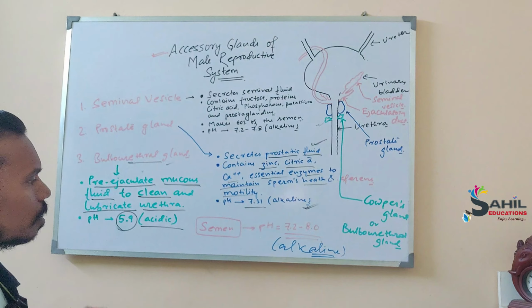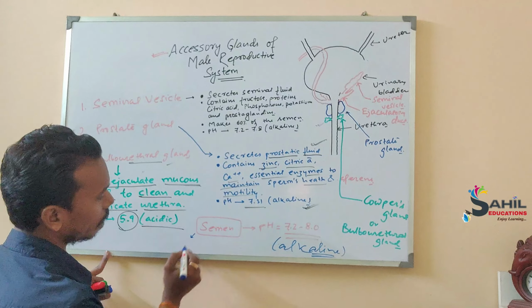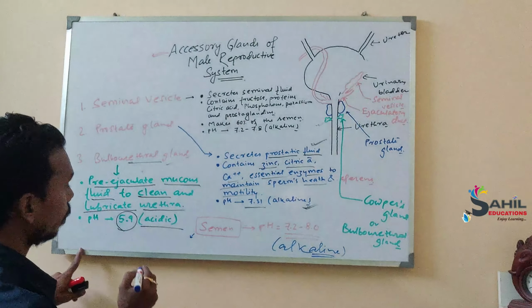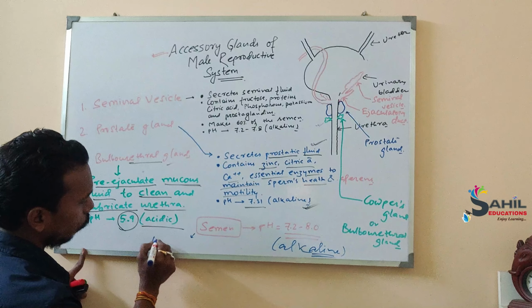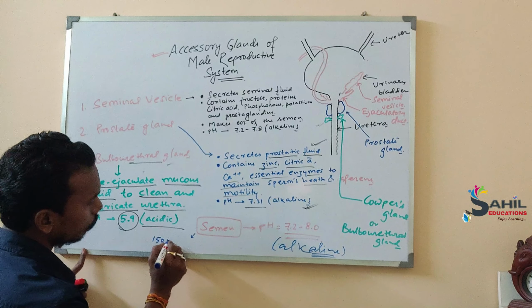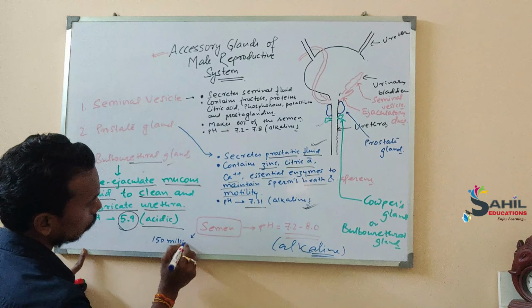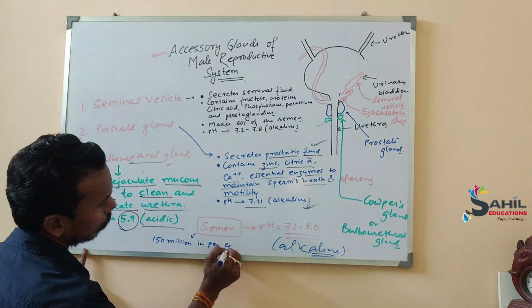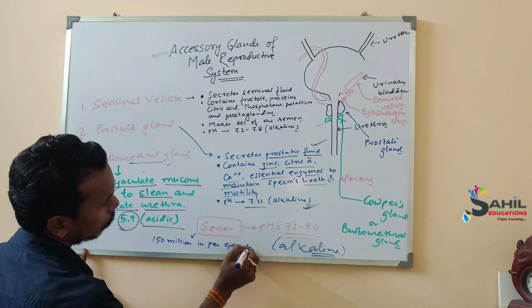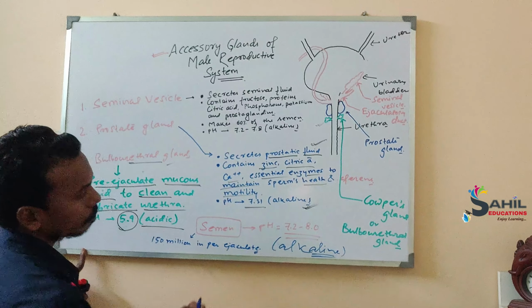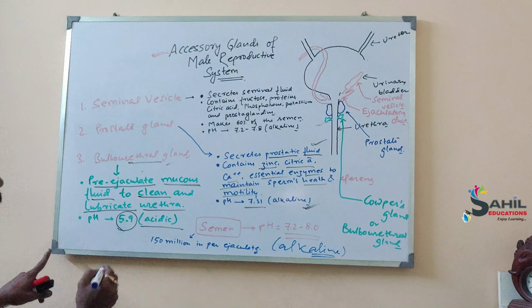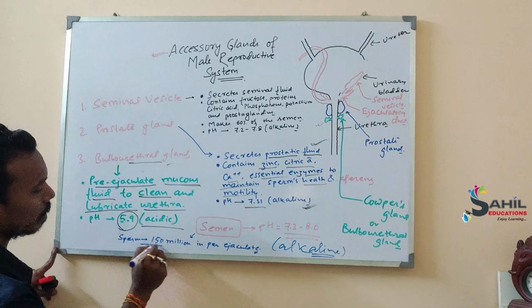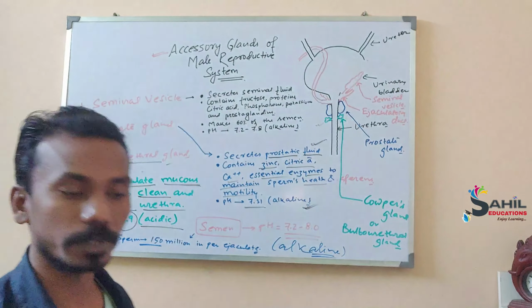Now talking about the number. How many sperms are present in the semen? Approximately 150 million per ejaculate.